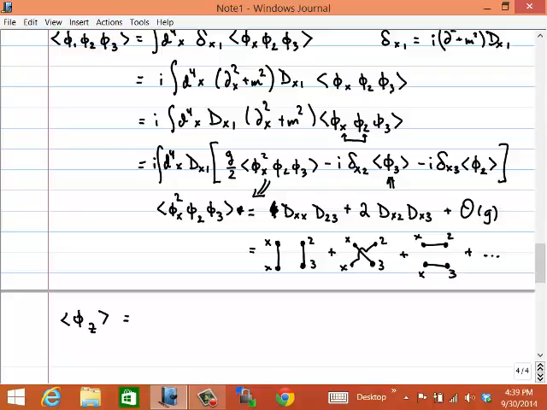So z could be either x2 or x3. I'll just write this as the integral d4x delta xz times the expectation value. Is that a terrible notation? Am I going to run into trouble if I use that? No, I'm not going to run into trouble. I'll write the integral of phi x.